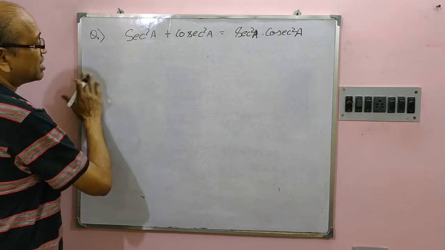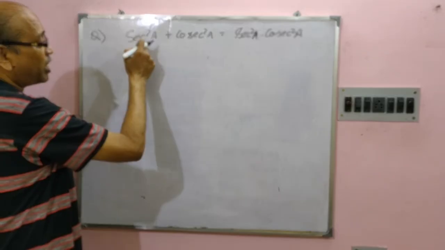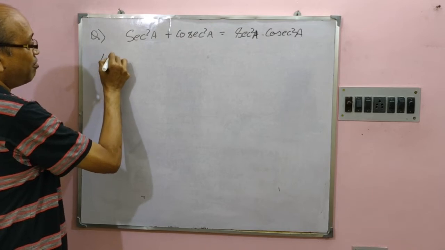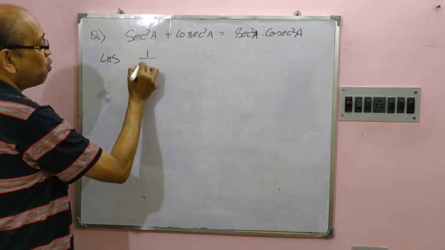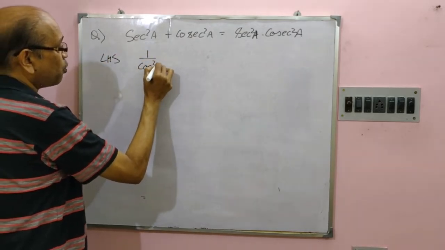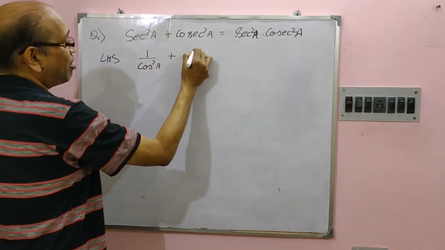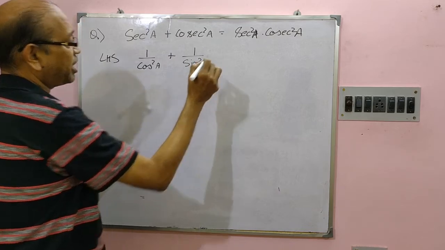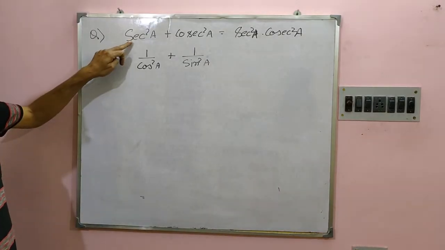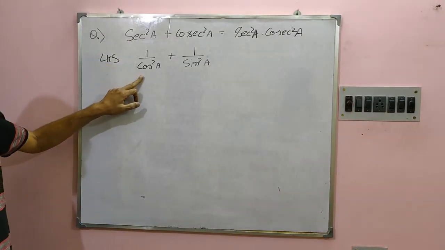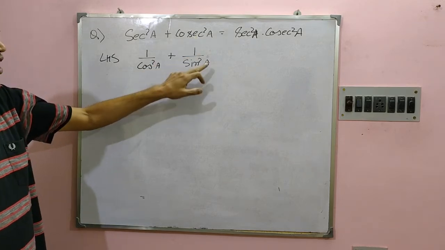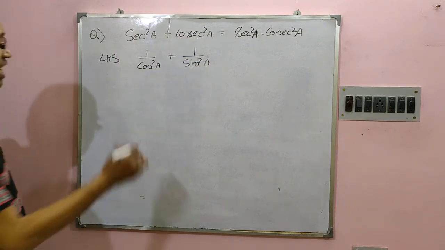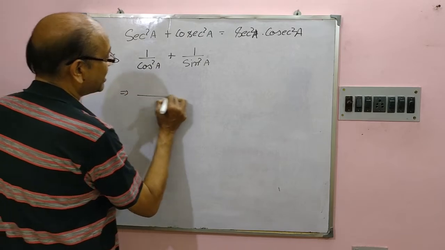So here secant square, I do not know the LCM, so I will change this left hand side. Secant square a can be written as 1 by cos square a, and cosecant square a can be written as 1 by sin square a. Clear? Now I take the LCM.